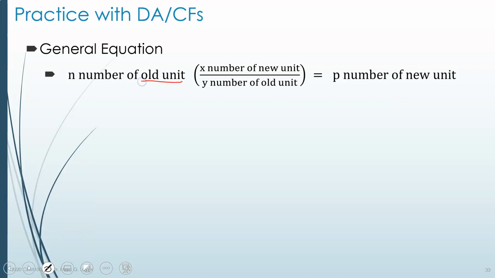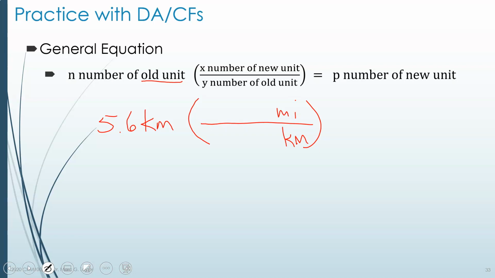If you start with your old unit over here, you want to build a conversion factor, and you want to put your units in first. So let's say we had an example where we wanted to convert, let's say, kilometers, and we had 5.6 kilometers, and I'm not going to go through the whole problem here, but we wanted to convert kilometers on the bottom to miles on the top.